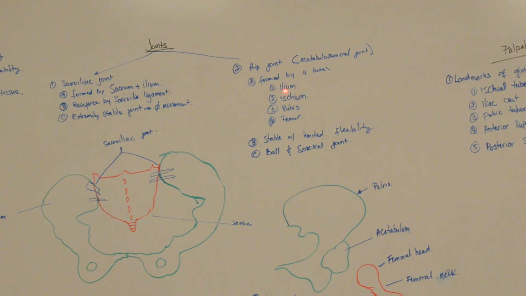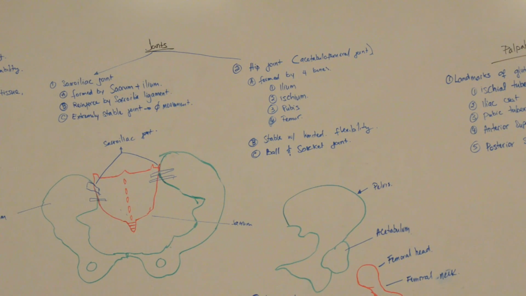It has the ilium, the ischium, the pubis, and there's the femur. The femur head will attach to this area right here. This joint is stable with limited flexibility. It is a ball and socket joint.